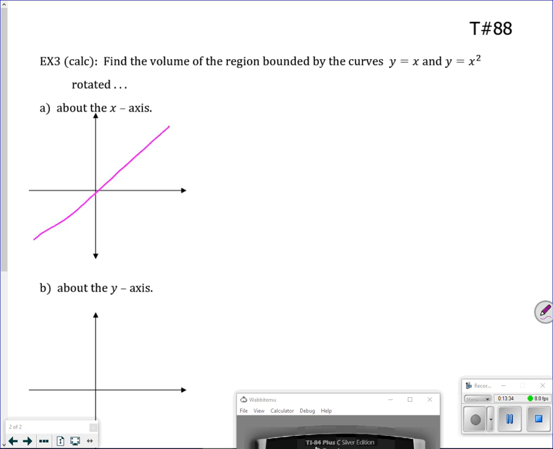And then y equals x squared. So y equals x squared looks like this. So do you see that my bounded region is this little flower petal, I guess, right there? Do you see that? So again, I'm not a visual person, so I like to only have my bounded region.